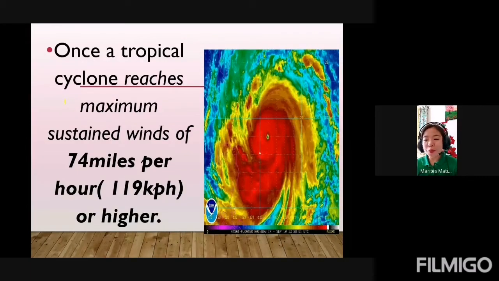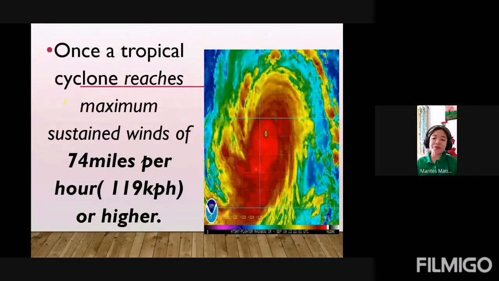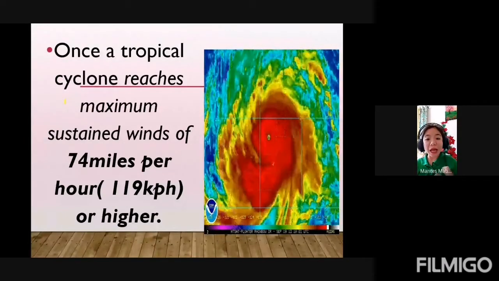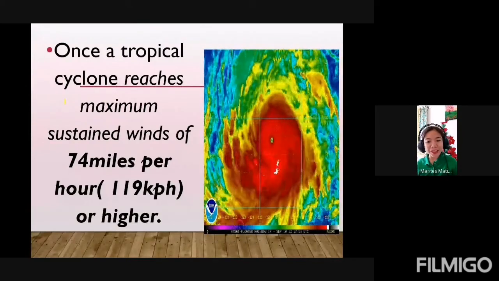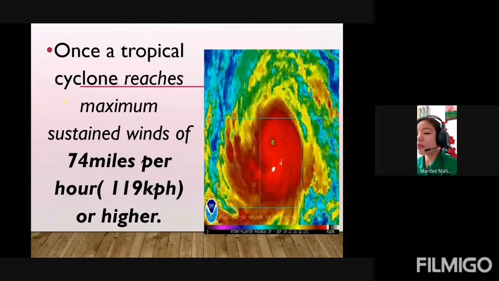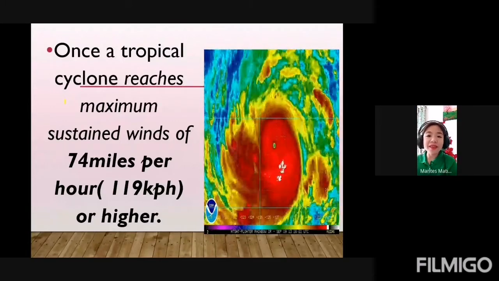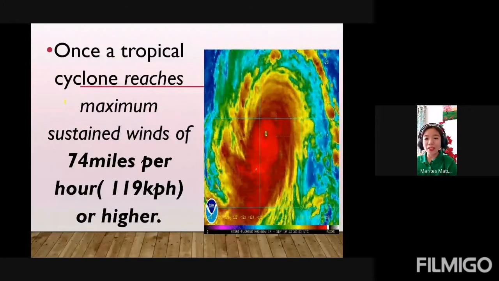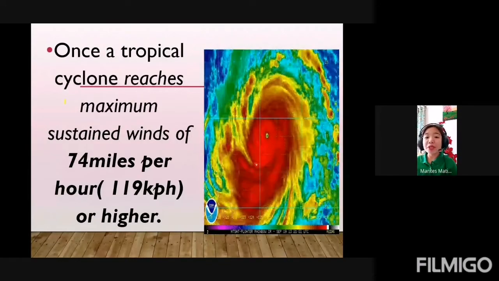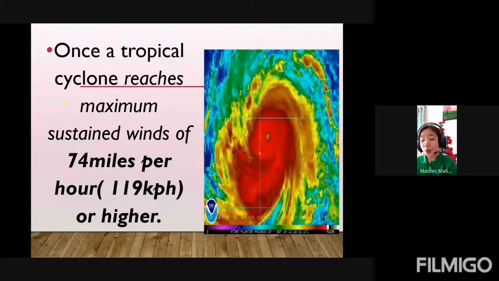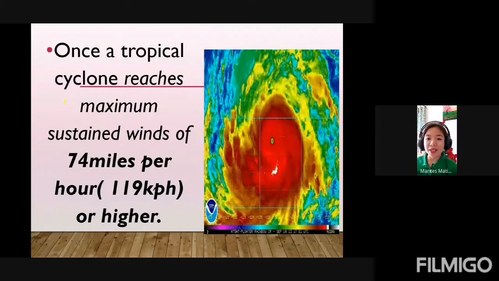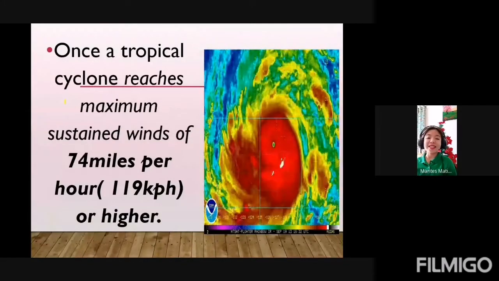Once a tropical cyclone reaches maximum sustained winds, meaning it must maintain that speed, of 74 miles per hour, equivalent to 119 kilometers per hour or higher, that's when the tropical cyclone is now considered a typhoon.